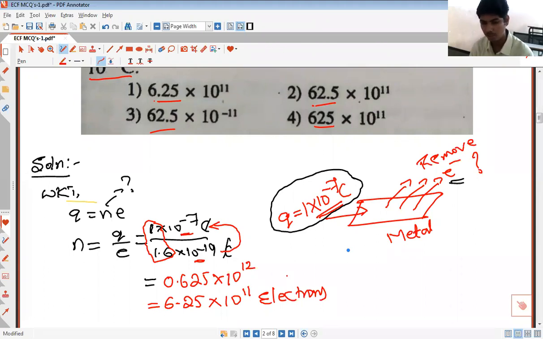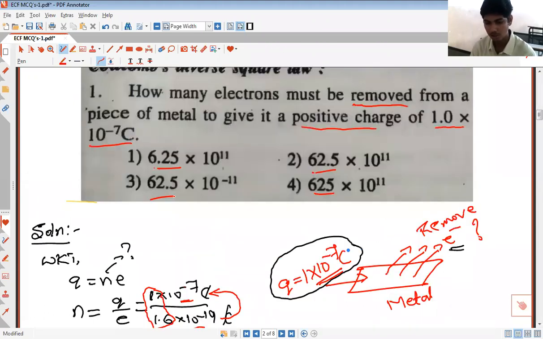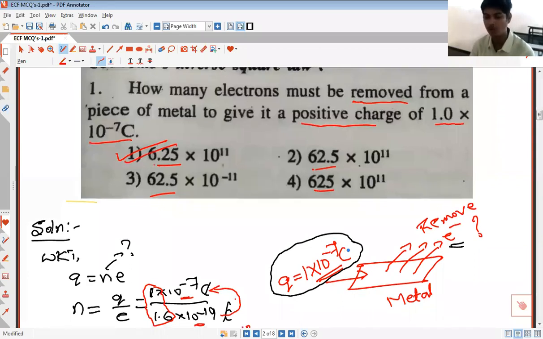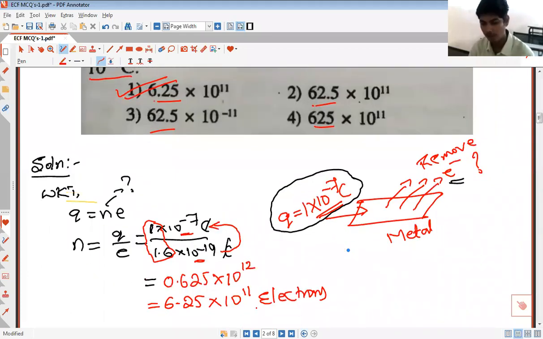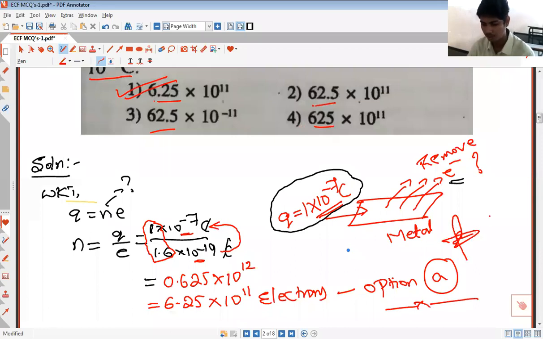So the option here is A. This is the right option. 6.25 into 10 to the power of 11 electrons. So option A is right. Is this clear? Is this problem clear?